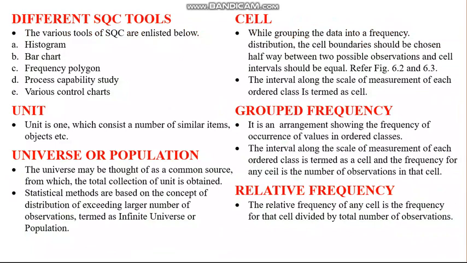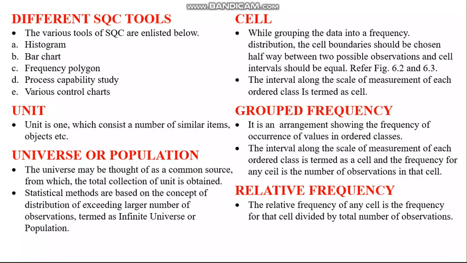Like that, you can group them. Say for 40 to 50, some 20 students are there. That 20 is the frequency, the number falling in that cell.